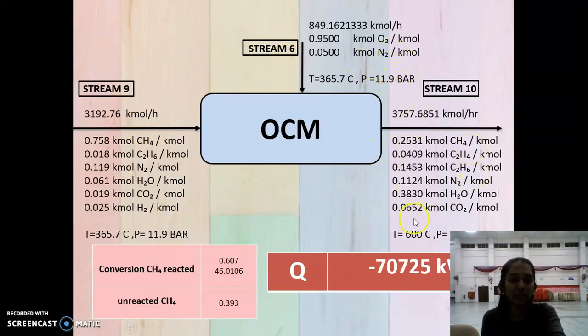But the outlet temperature and pressure differ, where the temperature would be 600 degrees Celsius and the pressure would be 10 bar. When we do the normal energy balance calculation, the resulting Q is negative 70,725 kilowatt. This negative indicates that heat is lost to the surroundings, which means this is an exothermic reaction.